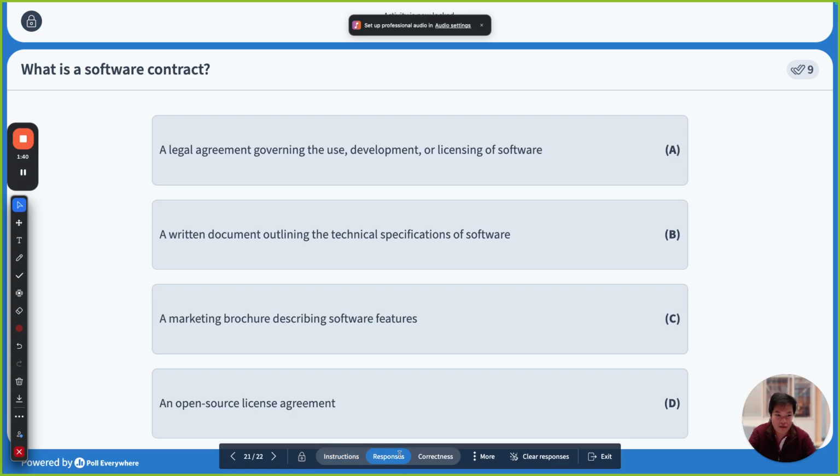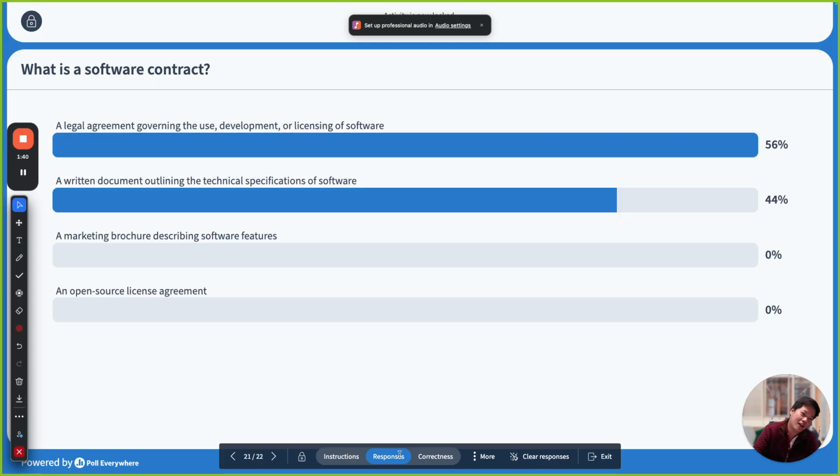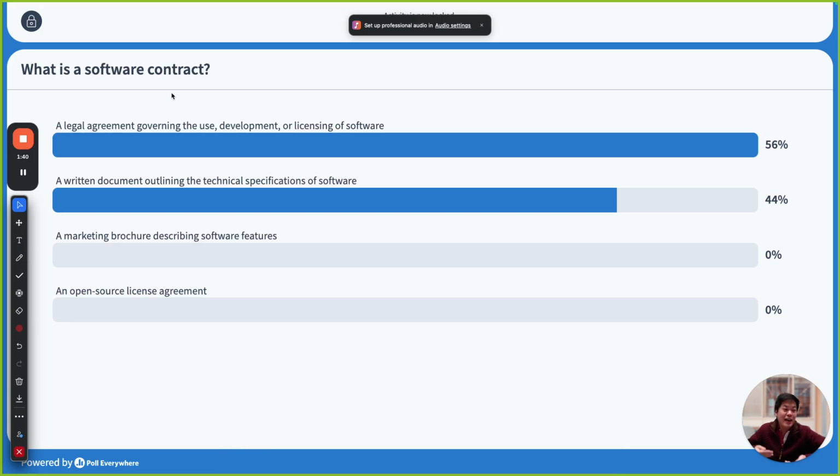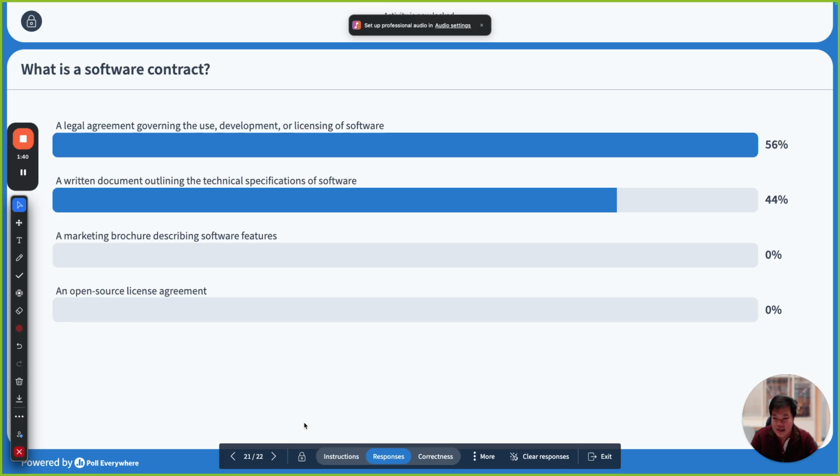No. So the right answer is B. A software contract is about requirements, the specification. It's not about how companies can use, develop or license the software. It's about the technical specification.